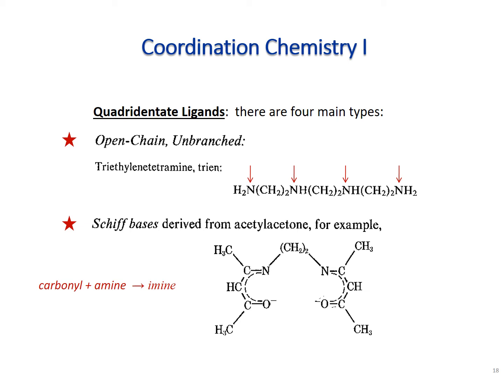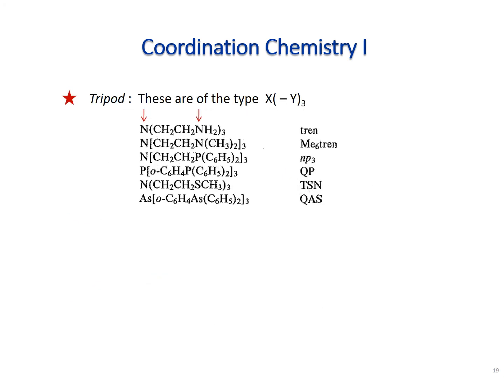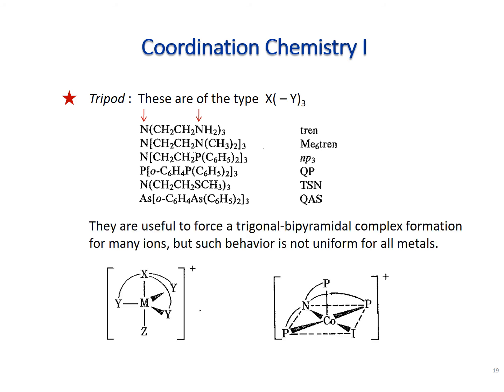So this is a scenario in which you can get a quadridentate ligand. There's also tripods. Here's an example of a tripod, where you have potentially even different atom types. Yeah, tripod is kind of what it sounds like.